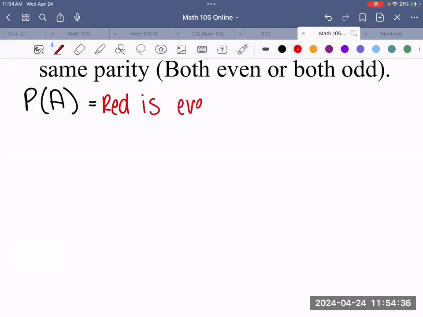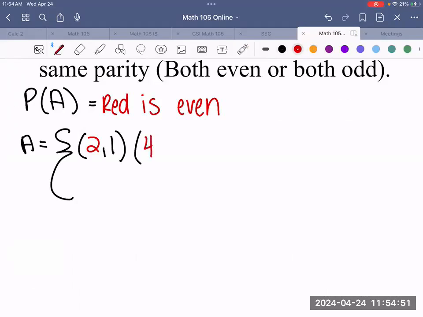If red is even, what that would look like is 2,1, 2,2, 2,3, dot, dot, dot.